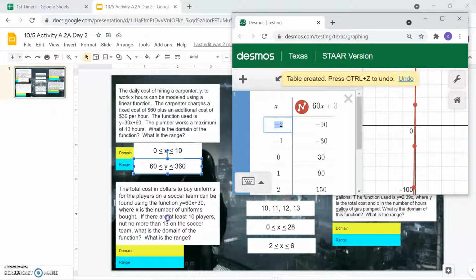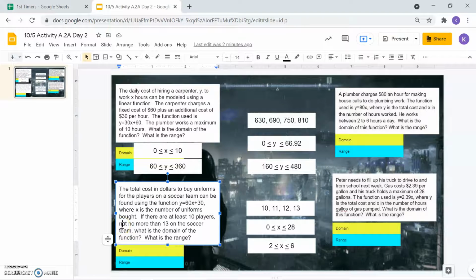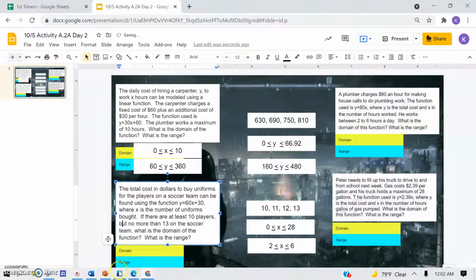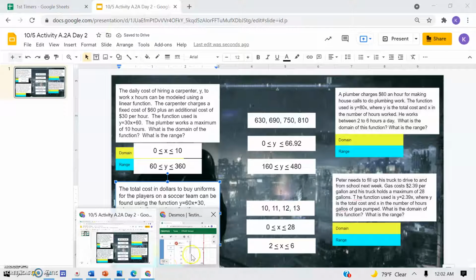It says here, there are at least 10 players. So I'm going to put here 10 players because there's no less than that. So I need 10 uniforms, but no more than 13. So let me open up my calculator.